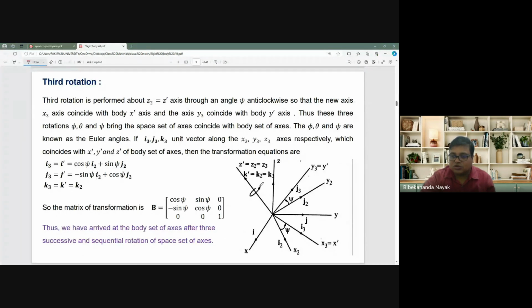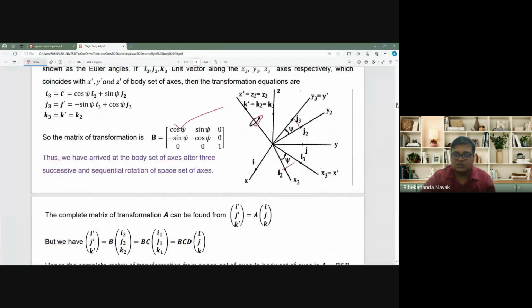So around this we rotate through angle psi, so that we get the new axes x prime, y prime. So here it is also an xy rotation, and the matrix is the transformation matrix B. Thus we finally arrive at the body set of axes x prime, y prime, z prime through three rotations D, C, B.